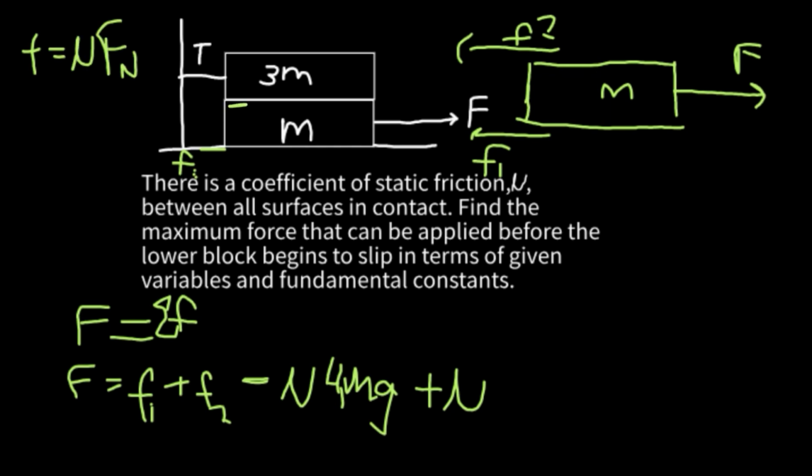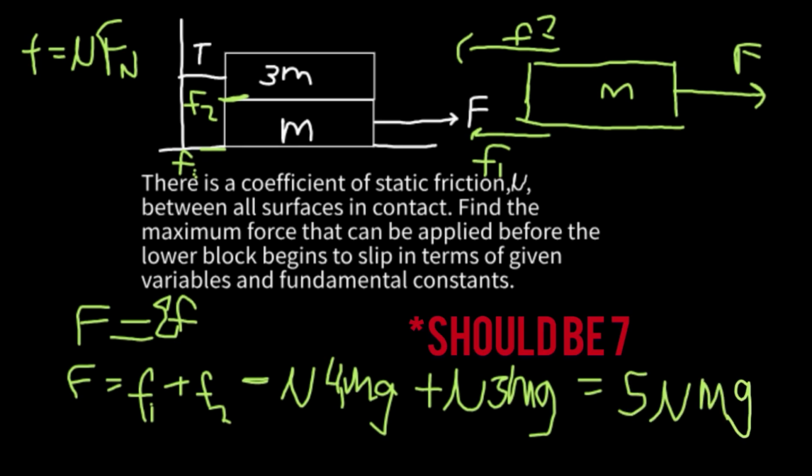So this right here is where F2 is acting. So the normal force there is just going to be 3 mg. So if you add those up, you're going to get 5 mu mg. That is going to be the maximum force before the lower block begins to slip, and we're just assuming that the force of tension is large enough to not break before we reach that maximum value. So you just box your answer up, and then you're done.